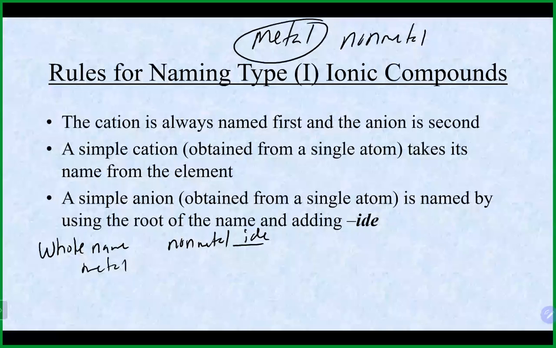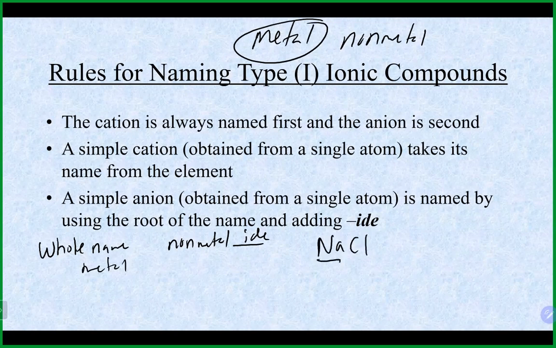So if we look at a couple that we saw, we have NaCl. Na is sodium, which is a metal. Cl is a non-metal. Sodium is in group 1 on the periodic table, which means it has a fixed positive charge of +1, and that means it's a type 1 compound. So we just use the whole name of the metal, which is sodium, and our chlorine gets the IDE at the end of it.